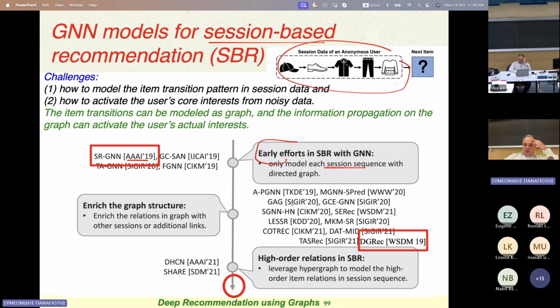However, as you can see, there are a lot of papers here in highly prestigious conferences like TOIS, SIGIR, WSDM, CIKM, using graph methods. We will see this DGRec from WSDM. Here they enrich the relations in graphs with other sessions or additional links.